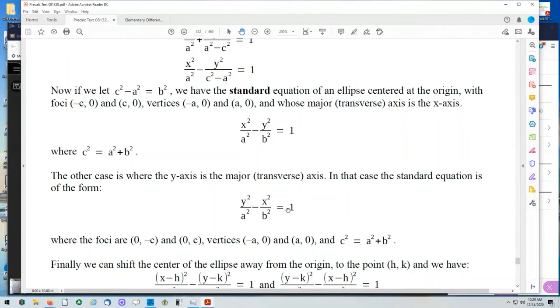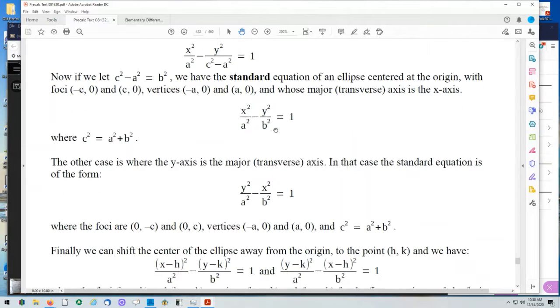For this case I have to have a plus 1. Whatever term has the negative in front of it is, if you will, my minor axis. The transverse axis, or the major axis, is the positive term. If this was a negative 1 on the right-hand side, I'd have to change it to a positive 1 and I'd be back to what I have above.